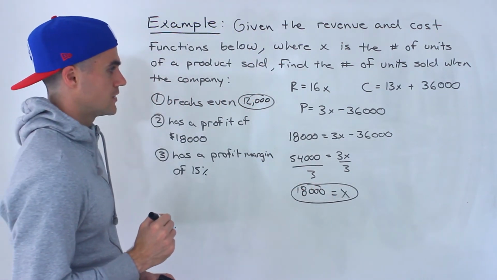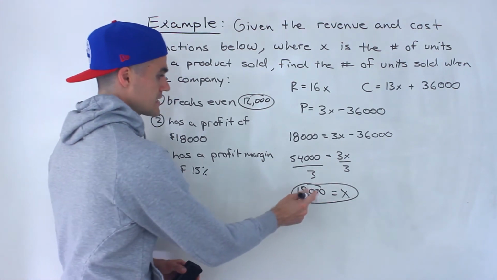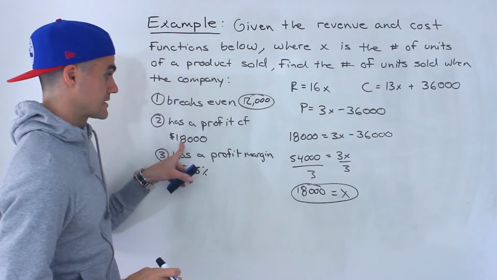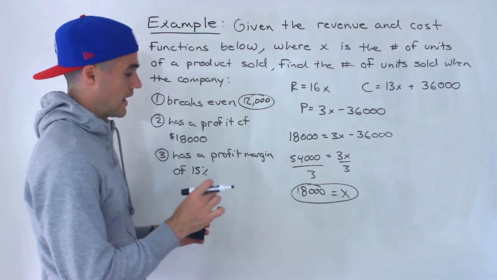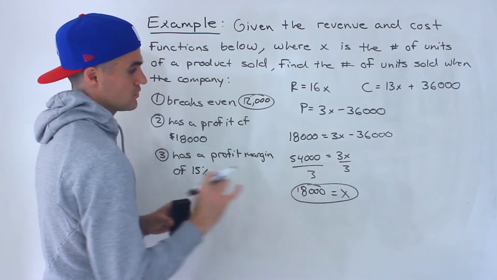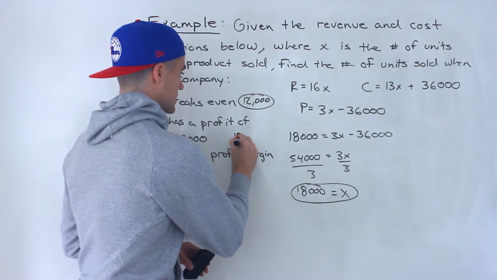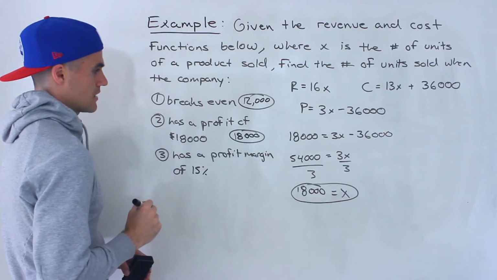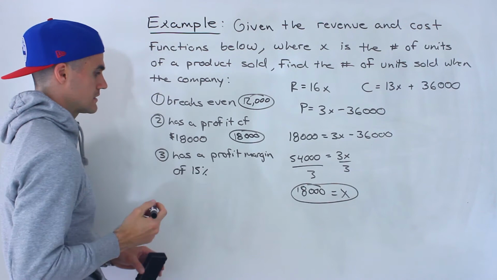So that's what the number of units sold would be. And it's just a coincidence that 18,000, the number of units sold, is the exact same as the profit. Usually that's not going to happen. Both of these numbers are usually going to be different, but in this case it's just a coincidence that they are both the same. So that's the number of units sold to get a profit of 18,000.